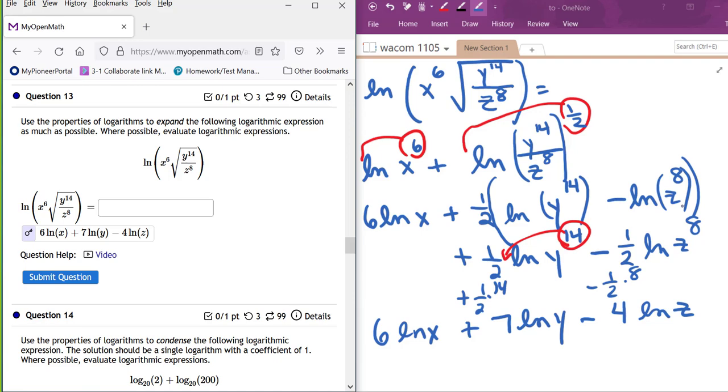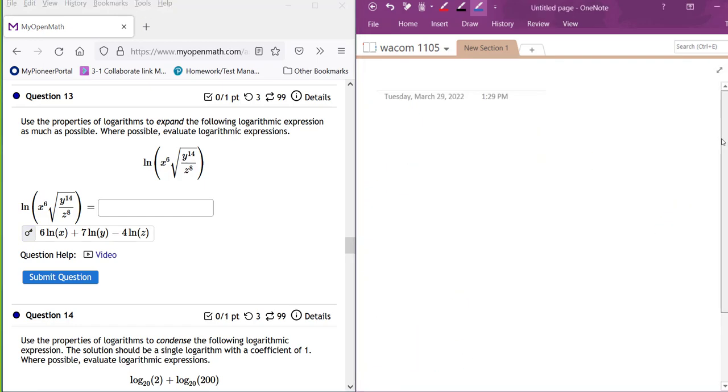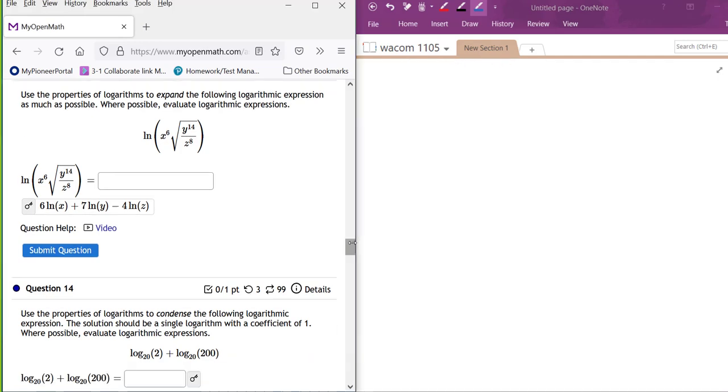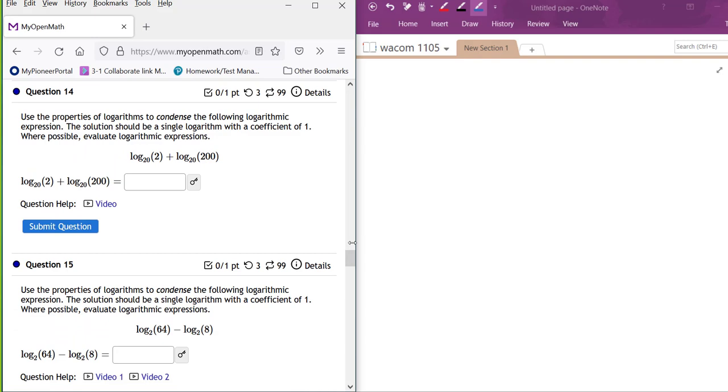So now we're going to switch and condense them. And anytime it says condense, they want you to put them back and make only one log. So condense is your key word.